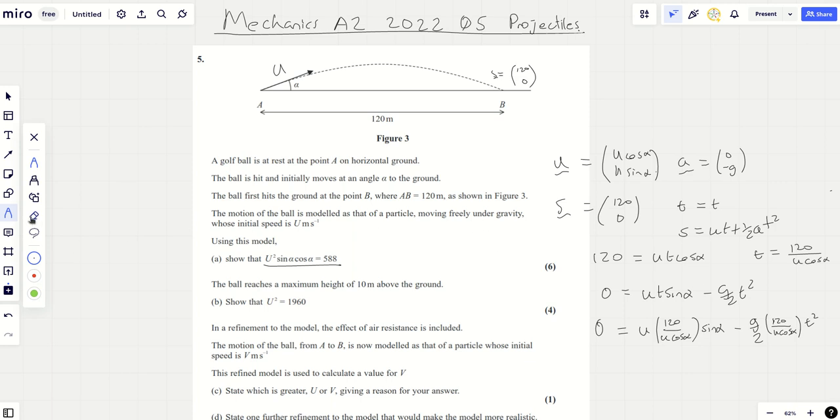Sorry, that is t squared. I've already put in the acceleration, so it's half acceleration, t squared. There we go. Okay, and what am I doing with this?